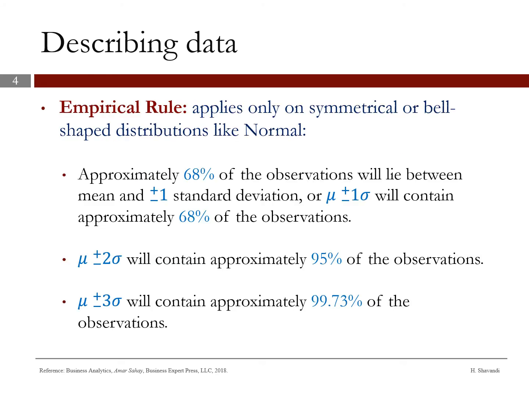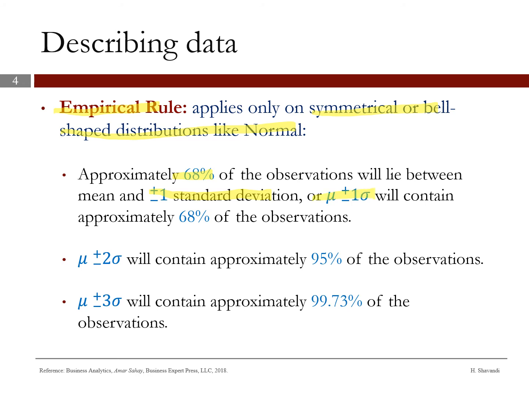Besides Chebyshev's theorem, we have another concept which is called the empirical rule, and this rule only applies to symmetrical or bell-shaped distributions like normal. So we cannot apply the empirical rule for non-symmetrical distributions. By this rule, 68% of the observations will lie within one standard deviation of the mean, I mean, mu plus minus 1 sigma.